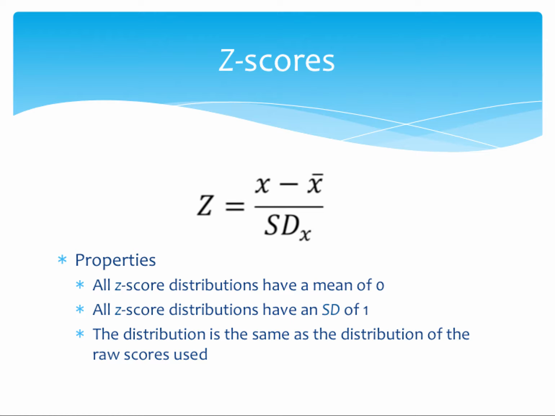Now, what do z-scores have in terms of properties? Well, all distributions of z-scores have a mean of 0. That's just how it is. So if you were to take z-scores for everyone in the population, the average z-score would be 0. And z-score distributions have a standard deviation of 1. And this is because you're dividing by standard deviation.